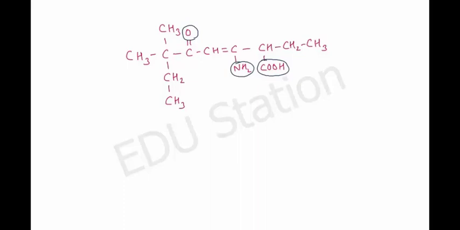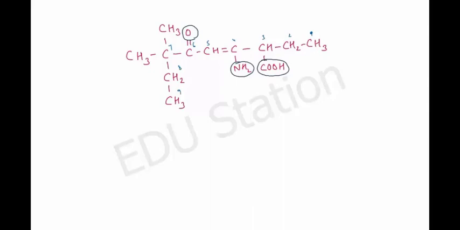If I take the longest chain, it can be starting from this carbon. So if I start from this, maybe 1, 2, 3, 4, 5, 6, 7, 8, 9. But if I take this as the longest chain, I am missing out on the principal functional group, which is acid.